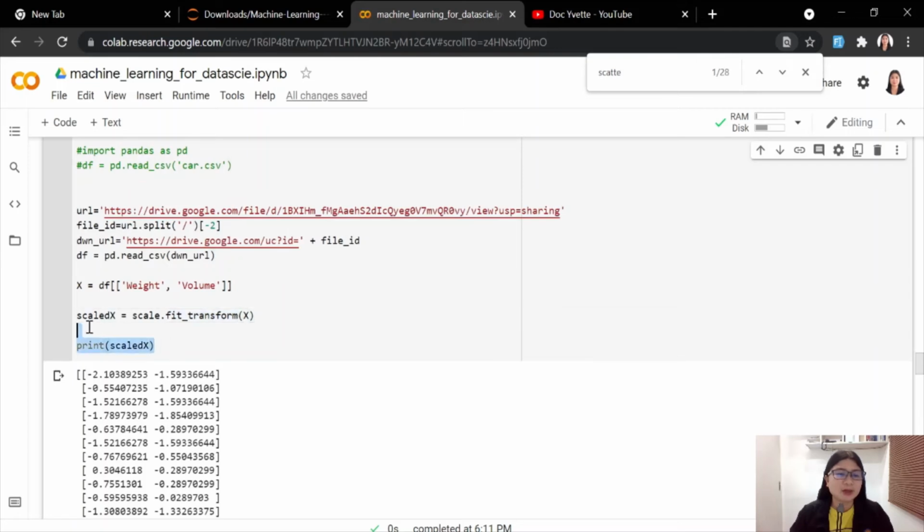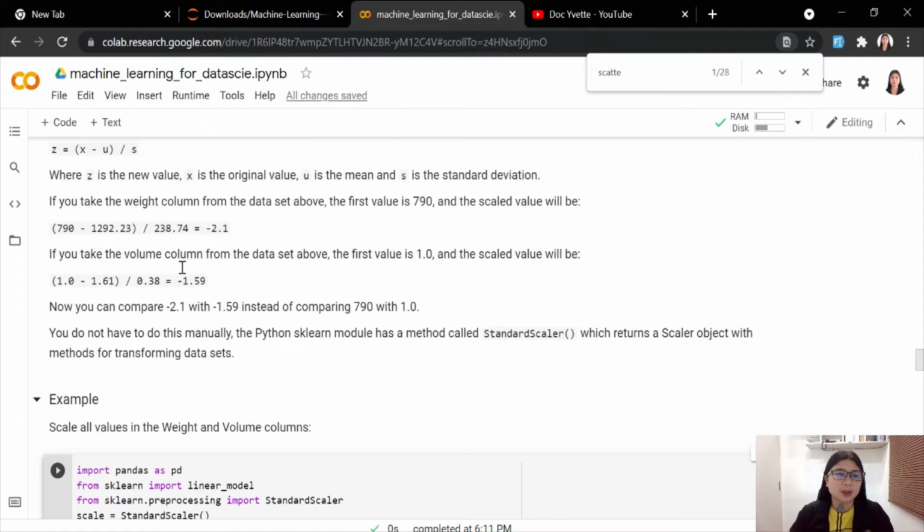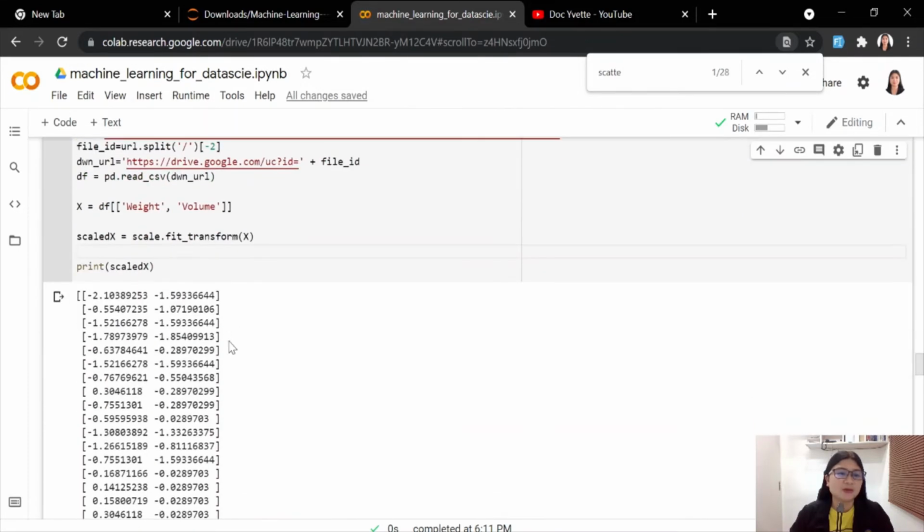By just having this line of code, we don't have to perform the operation of getting the mean and dividing by the standard deviation. If you want to do it manually, you can. But of course, we already have this function in scikit-learn: scaledX is equal to scale.fit_transform(X).